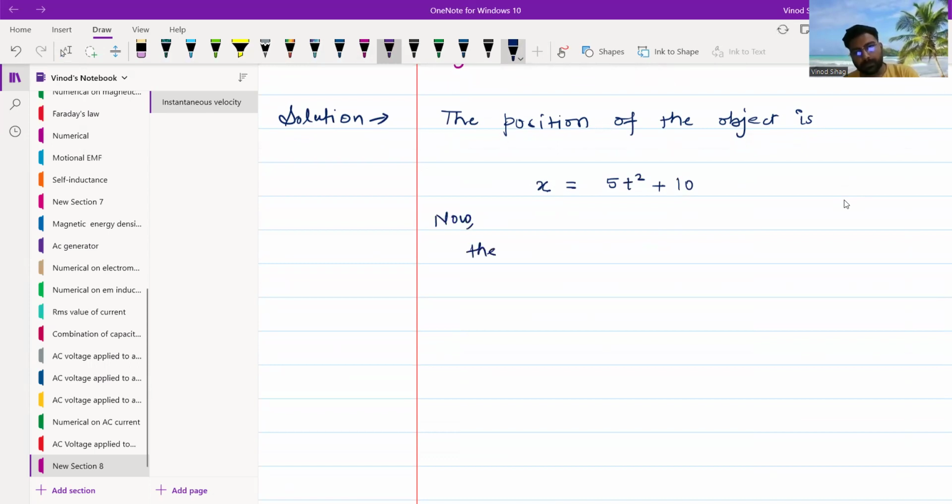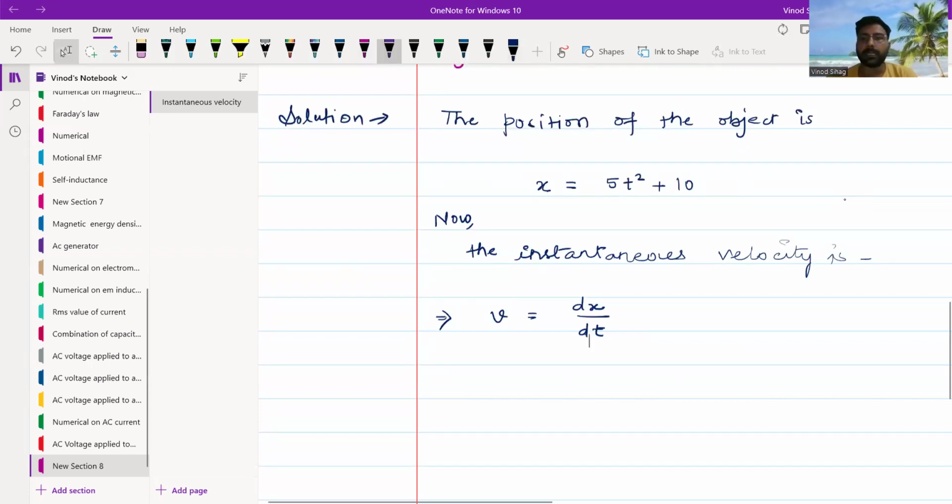Okay, so now the instantaneous velocity is v equals dx over dt, dx divided by dt.